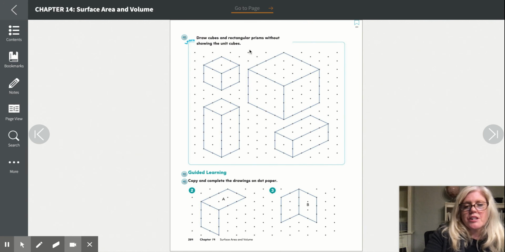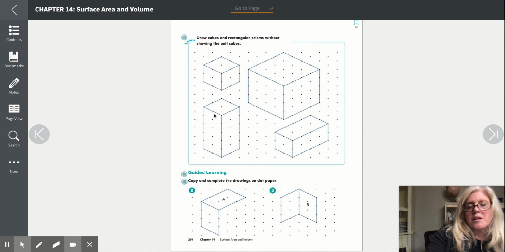So you're going to practice drawing cubes and rectangular prisms without showing the unit cubes. This one you can see is 2 units across and 2 units up and 2 units across. So this is a cube. This one, if you count, it's 1, 2, 3, 4 across, 1, 2, 3, 4 up. So this is also a cube.